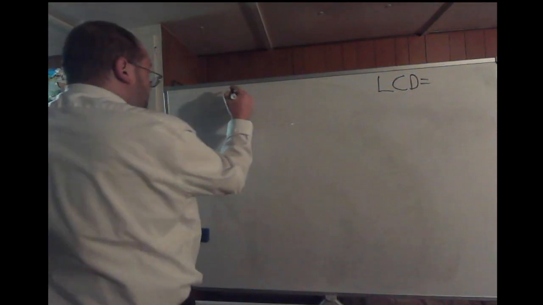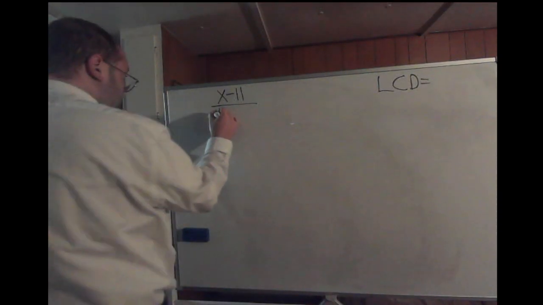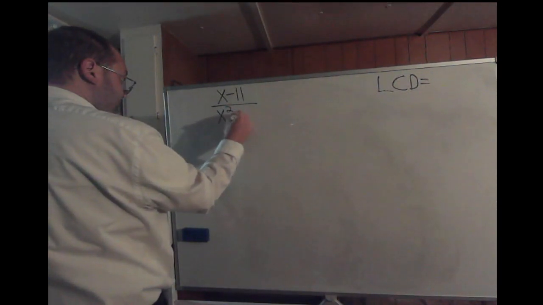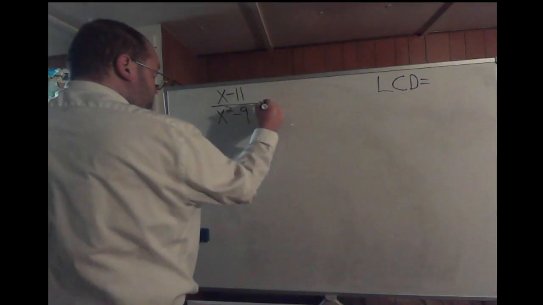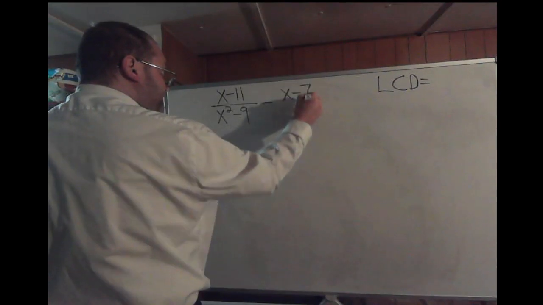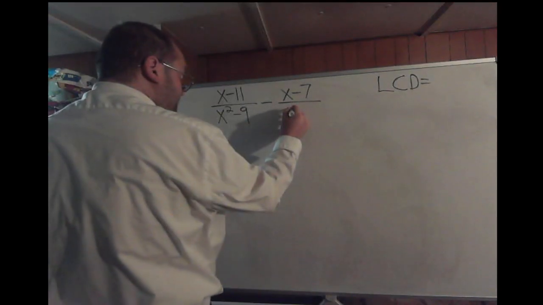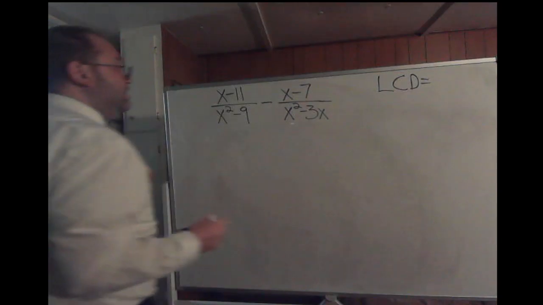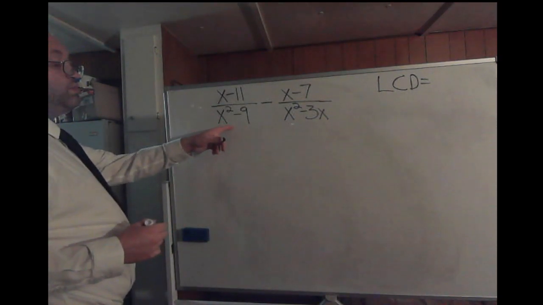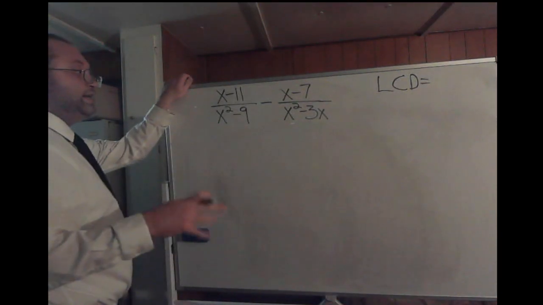Alright, let's see here. We have x minus 11 over x squared minus 9 minus, then we have x minus 7 all over x squared minus 3x. Alright, so we have x minus 11 over x squared minus 9 minus x minus 7 over x squared minus 3x.